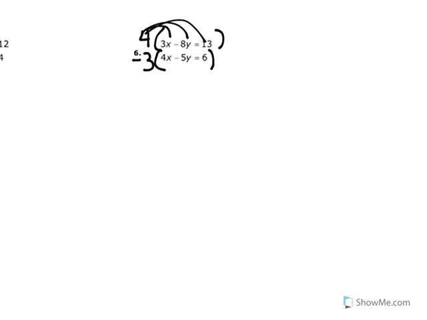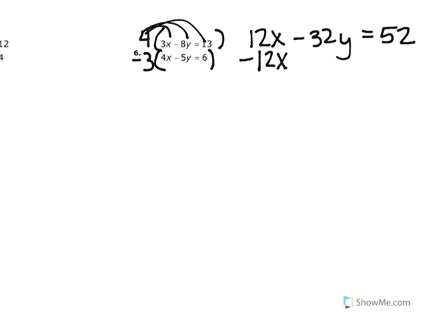So we're going to distribute, and we get 12x minus 32y equals 52. On the bottom side, we have negative 12x plus 15y equals negative 18.